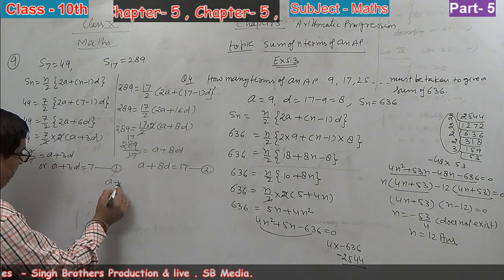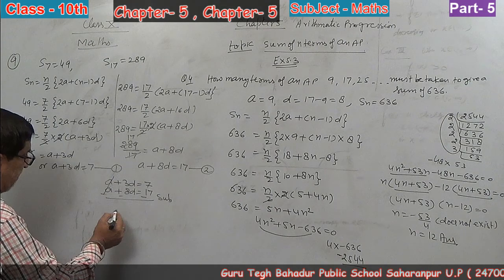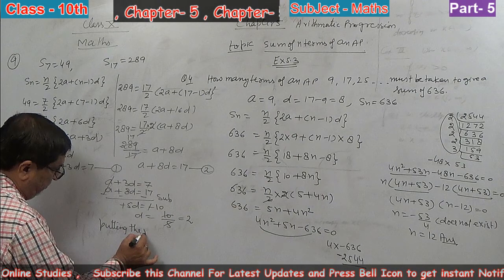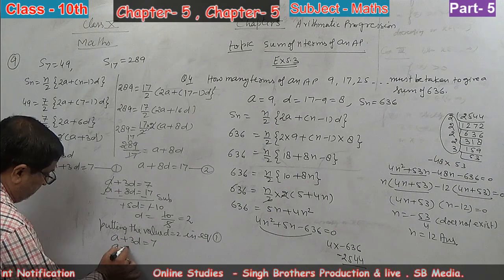Putting the value of d equal to 2 in equation 1, a plus 3d is equal to 7. a plus 3 into 2 is equal to 7. a plus 6 is equal to 7. a is equal to 7 minus 6, that is 1.